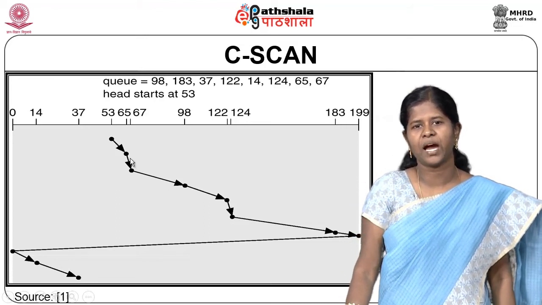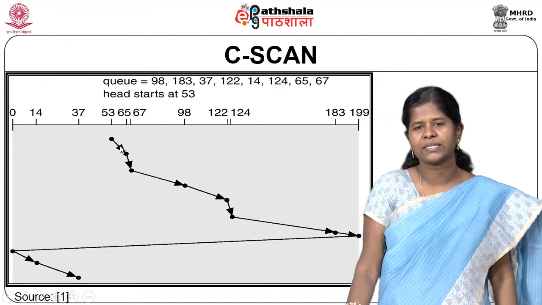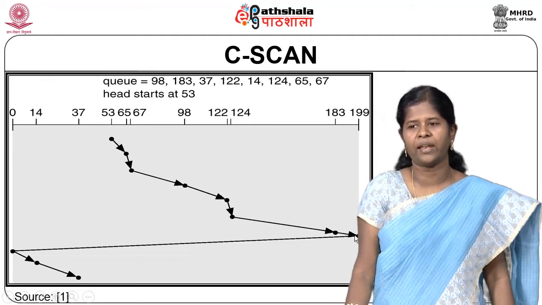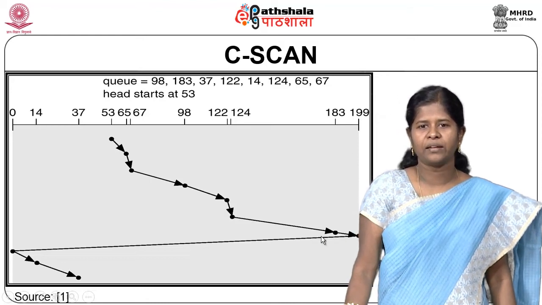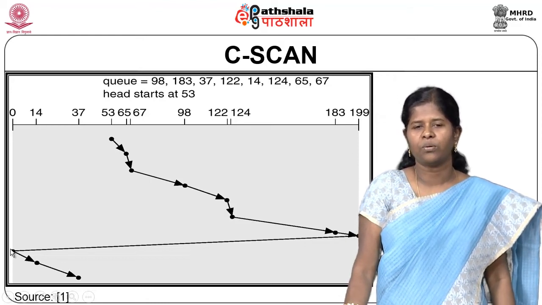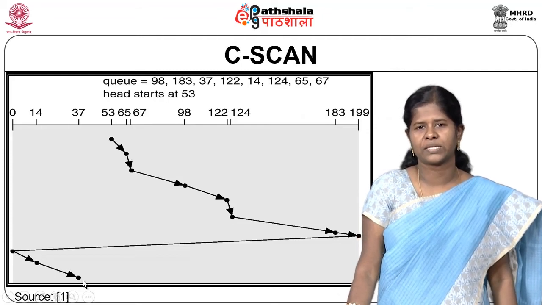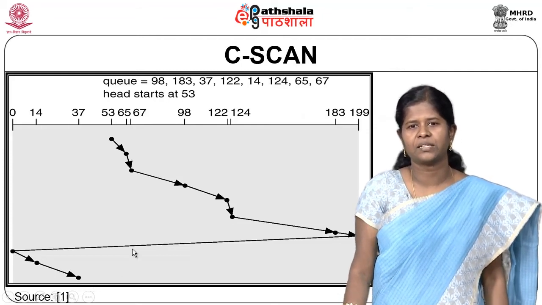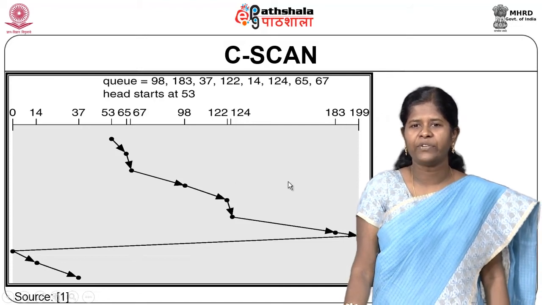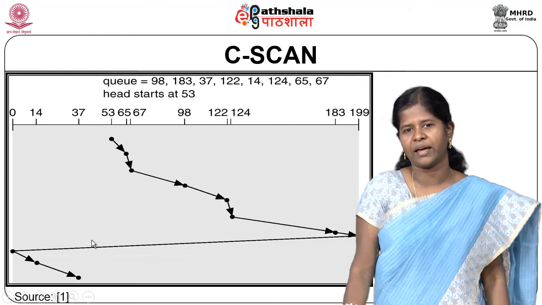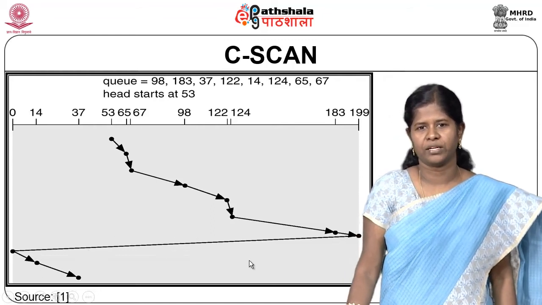So, we can see here that the circular scan does scanning from the current head position to one end of the disk, and in the reverse direction no servicing, then again in the same direction it will keep on servicing requests. So, the waiting time of the requests that are waiting at the other end will be reduced.